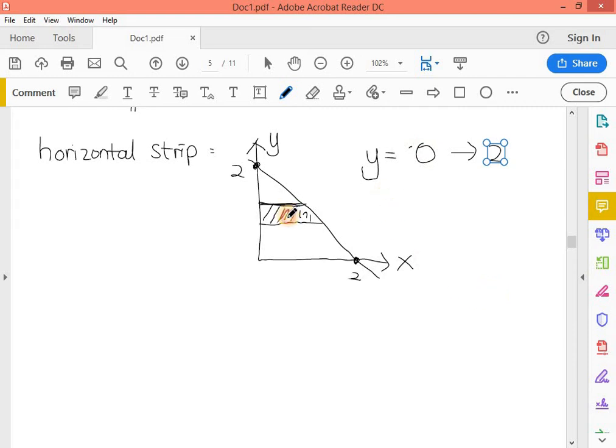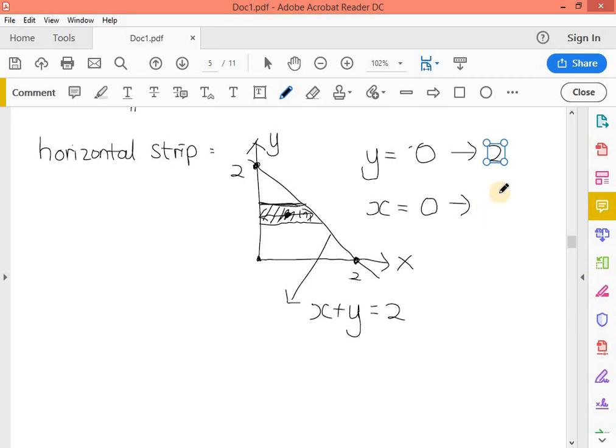Okay? And now for the x, what will happen if you refer to the left side? What will you see? 0, right? Your x will be 0. And what happens to your y? What is the equation of this line? x plus y equals 2.